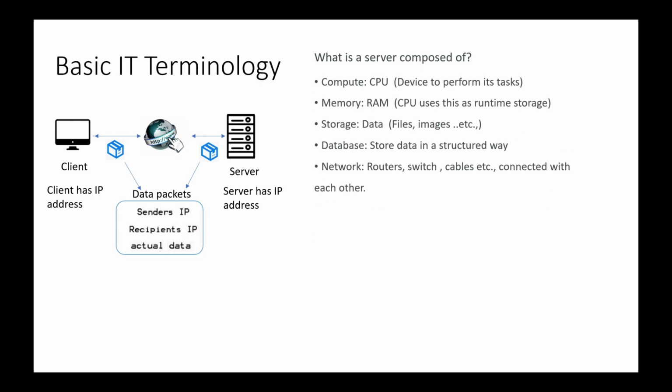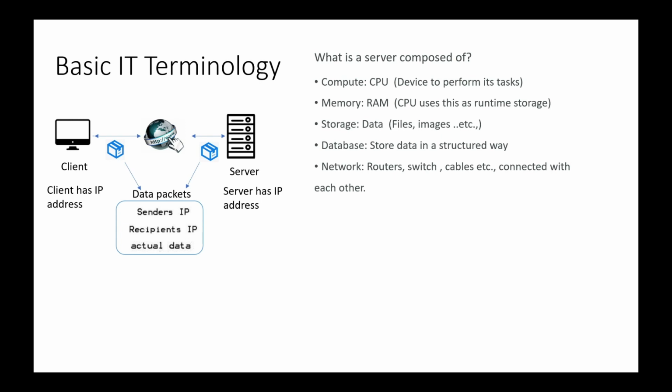So let us see what a CPU is. The CPU is the compute power, responsible for whatever processing happens inside the machine or the server. It is the device that performs the task. Then what is RAM, or memory? Whatever task the CPU performs, it needs some kind of storage while performing it.